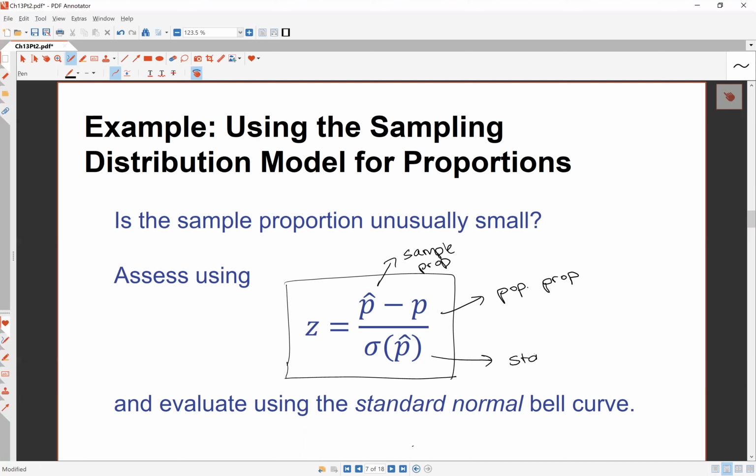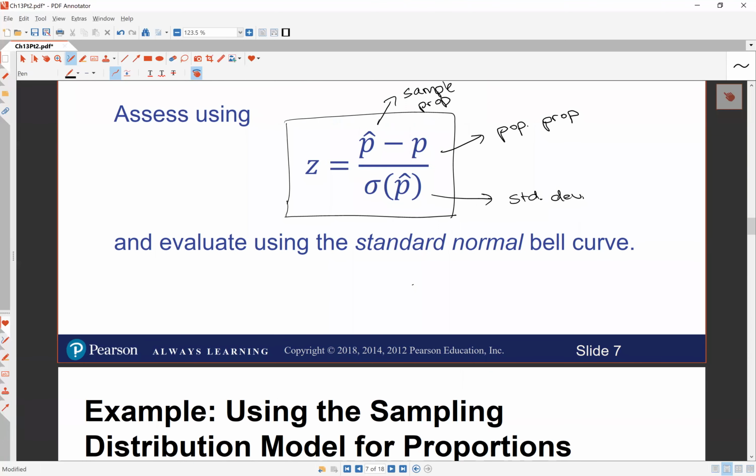And remember, that is our standard deviation. If we plug in those 3 values, we can calculate the z-score, and we can evaluate it relative to the standard normal bell curve, the normal bell curve that is centered at 0, has a mean of 0, and a standard deviation of 1.